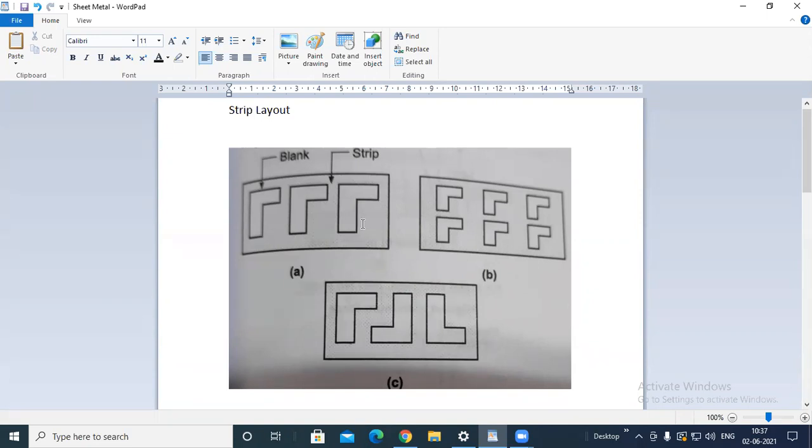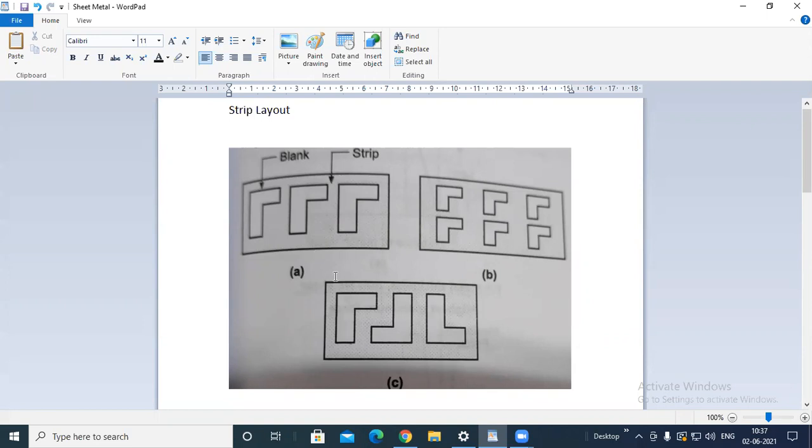It is given as a percentage of stock thickness. Whatever the percentage penetration is, it depends on different parameters like the thickness of the material and its hardness. And if we see, for hard material less penetration is required, and for soft material more penetration is required.